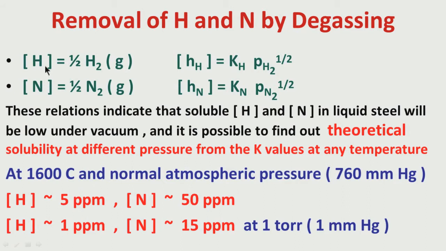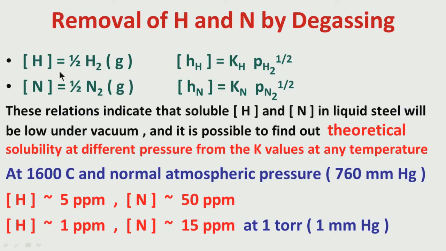Hydrogen and nitrogen are present in steel as soluble hydrogen and nitrogen as elements. Now, this hydrogen and nitrogen from the liquid steel must go to the surface and then get transformed to hydrogen and nitrogen gas.